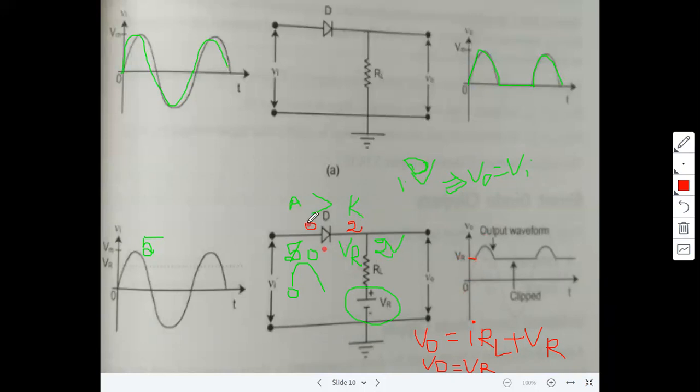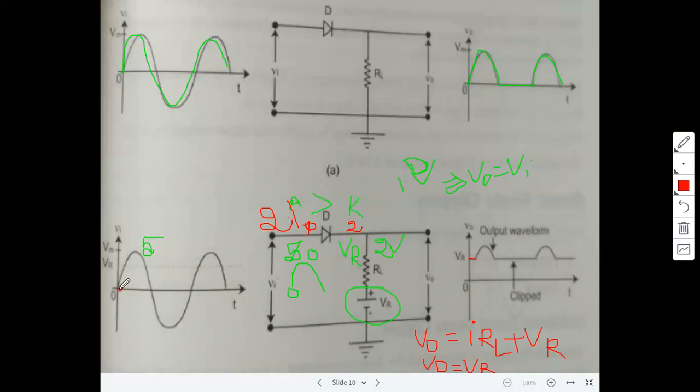That means the same condition exists until the input exceeds 2 volts. Up to when the input is equal to 2 volts, the diode is still off and V0 is equal to VR. What happens when the input is greater than 2 volts, say 2.1 volts?